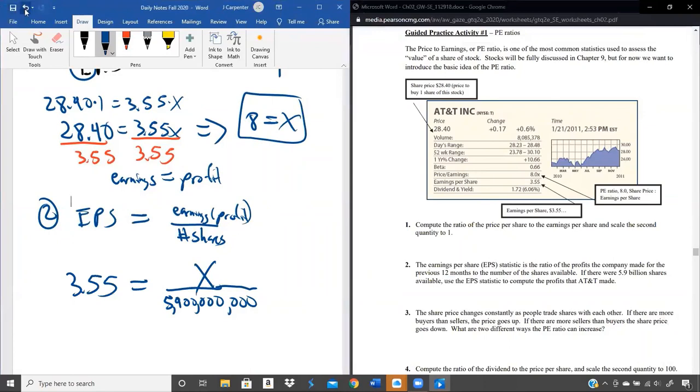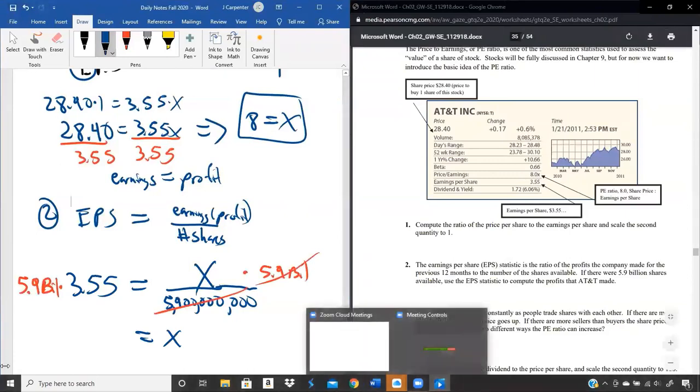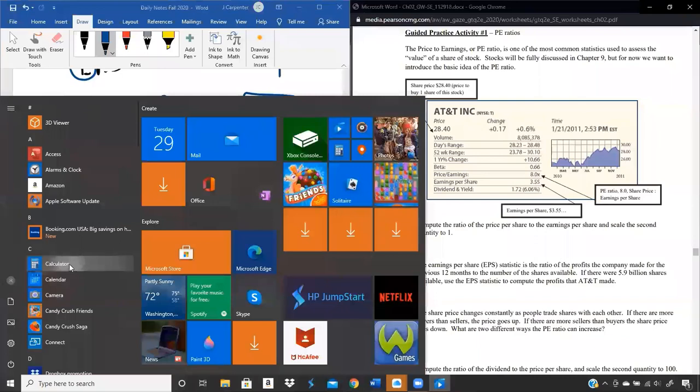How do we solve X divided by a number? We multiply. So we need to multiply, and I'm going to abbreviate this for space, 5.9 billion, multiply, multiply. So that the 5.9 billions cancel on our variable side, giving us just an X. Let's pull out our calculator.